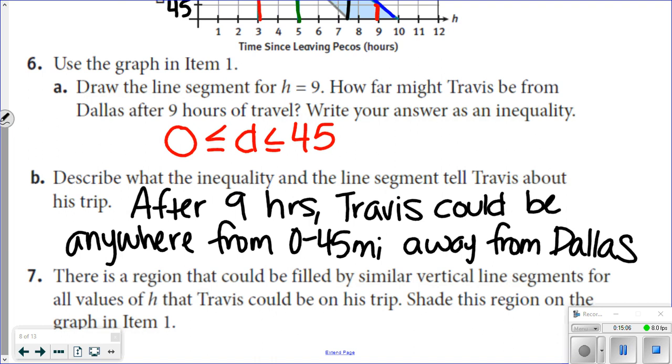Because if he's driving slower, who knows? Maybe he's only 10 miles away. Maybe he's 30 miles away. 42. We don't know.